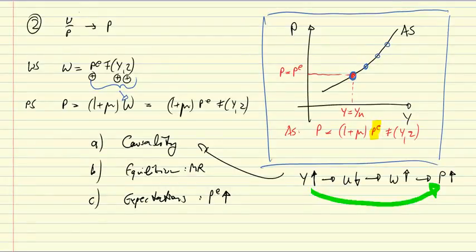So if PE rises, the AS curve is shifted upwards, and P ultimately will adjust to that, so that P adjusts to PE, and we attain this new medium run equilibrium.